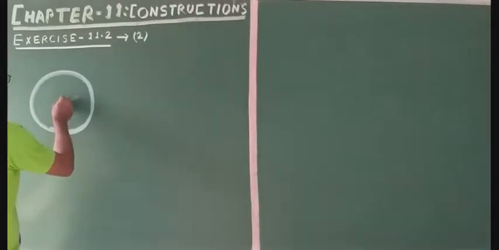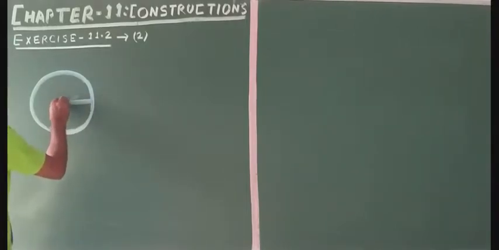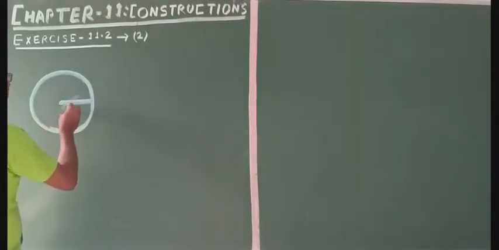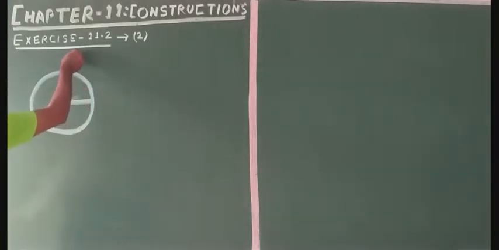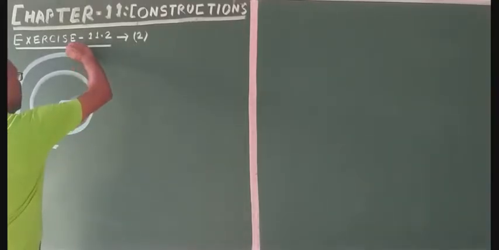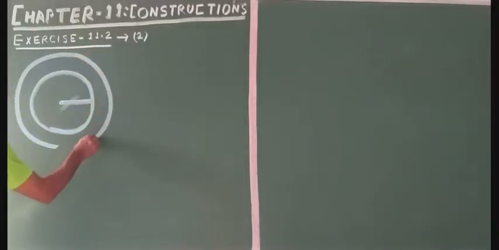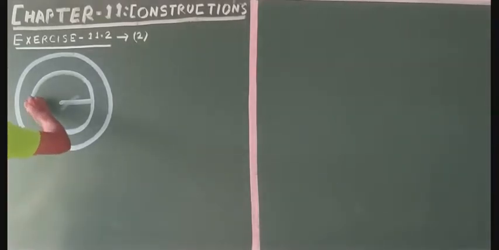What is the radius of this circle? 4 centimeter. And here is another circle, whose radius is 6 centimeter.